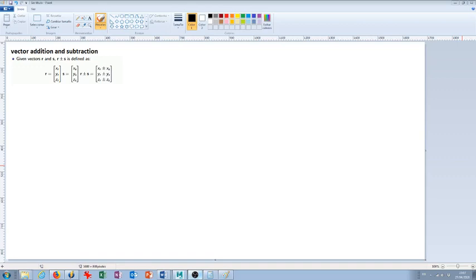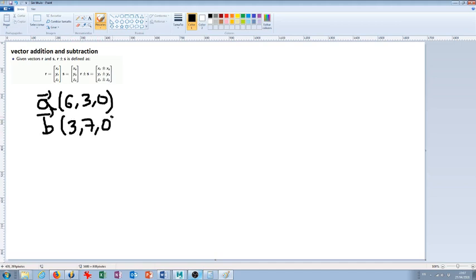Vector addition and subtraction. The result of adding up two vectors is equivalent to adding up the individual components of the vectors. So let's work one example here. Let's define a vector A that will be 6, 3, 0, and a vector B that will be 3, 7, and 0.